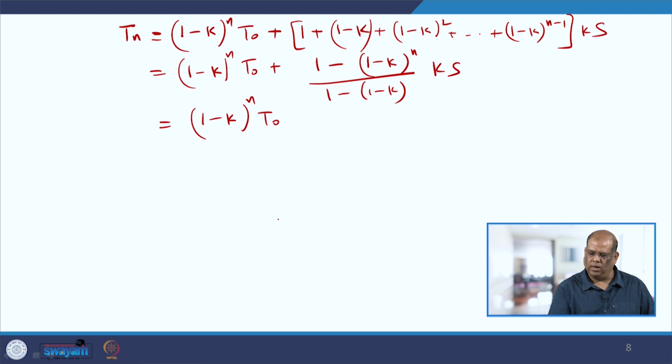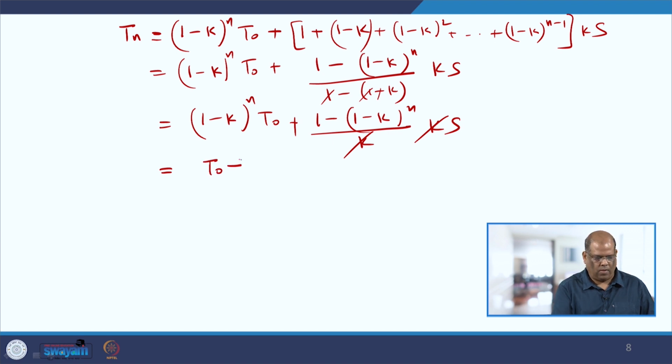Here the k in the denominator, this and this cancels, this becomes positive. So, it is (1 minus k) whole to the power n divided by k into kS. This also cancels and you are left with a plus sign: T0 minus S into (1 minus k) whole to the power n plus S.